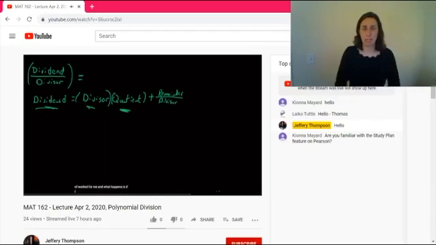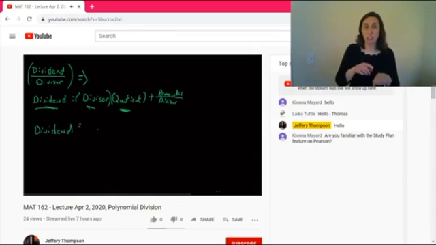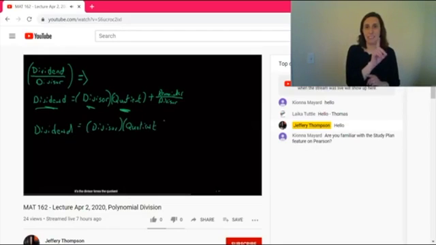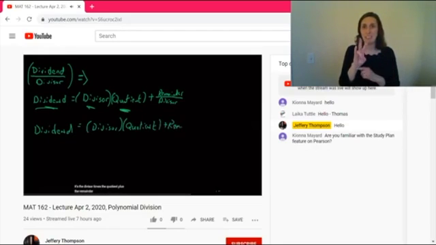And what happens is if I start with the answer to the division, if I start with the dividend, it's the divisor times the quotient plus the remainder. And I need to fix one thing here.